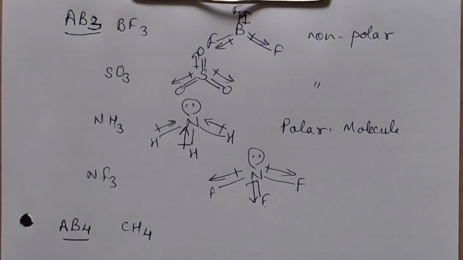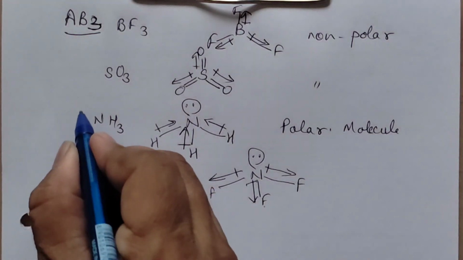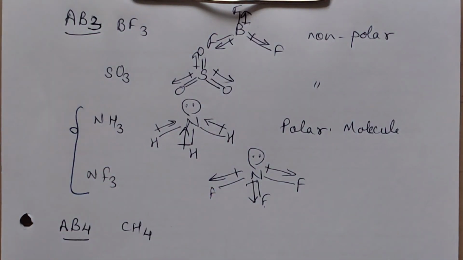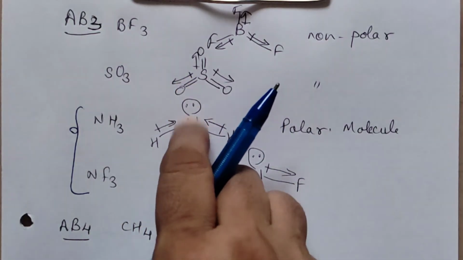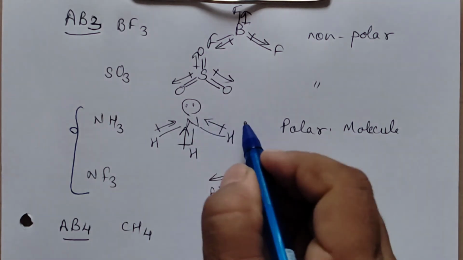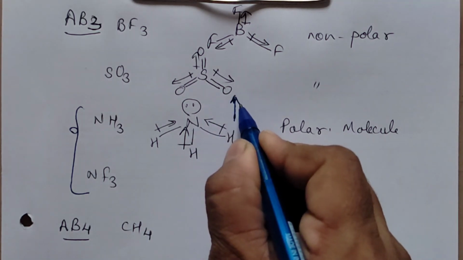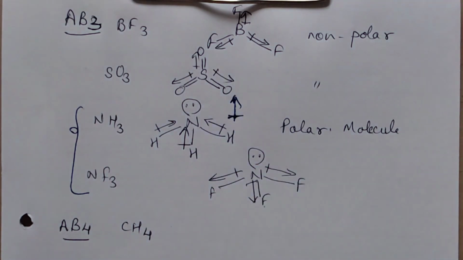Now sometimes a question is asked: out of these two, ammonia and NF3, which has more dipole moment and why? So what will you write? You can discuss it on the basis of the structure. In ammonia, these three are up and the electron density is also up, which means they add to each other. The net resultant dipole moment is on the top.